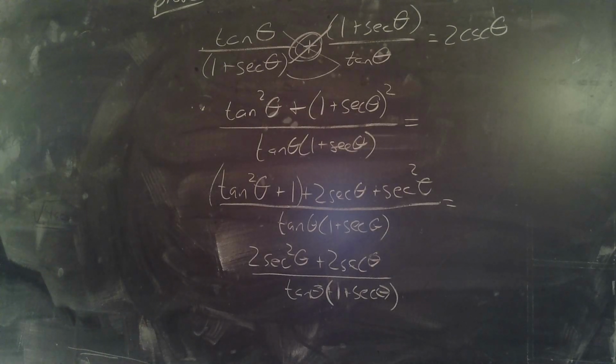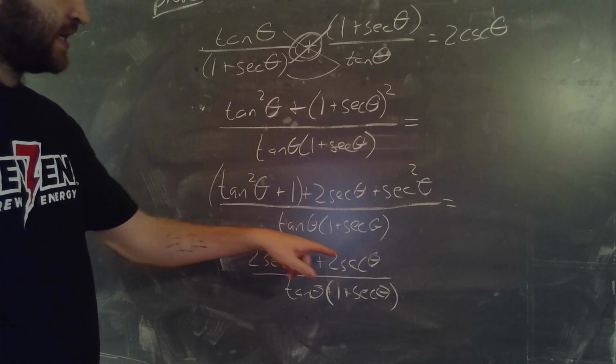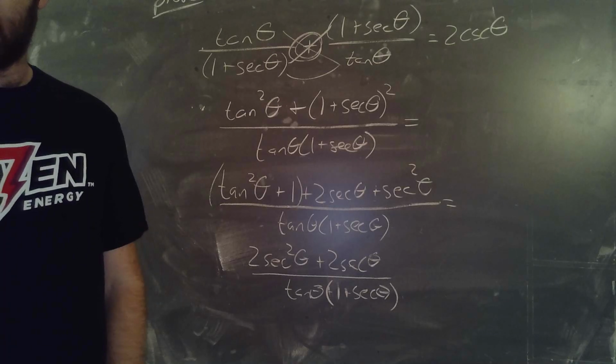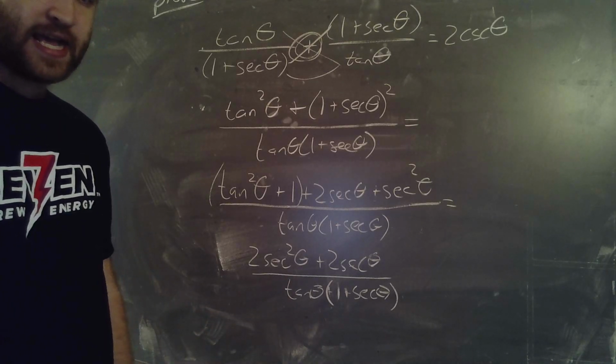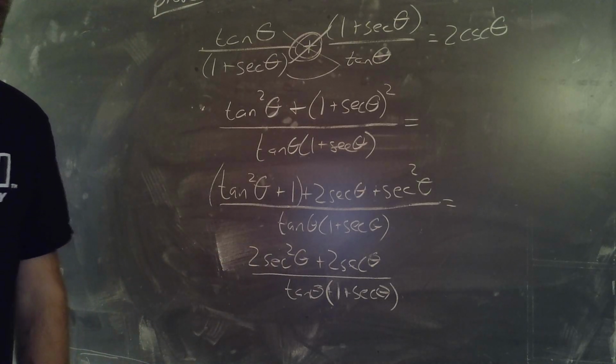So now we need to look for some things that will make our life easier. Notice that there's no immediate cancellations because I've got a product on bottom. And this is a linear combination, meaning it's just added or subtracted. I can't just go slashing out secants and things like that because they need to be identical.